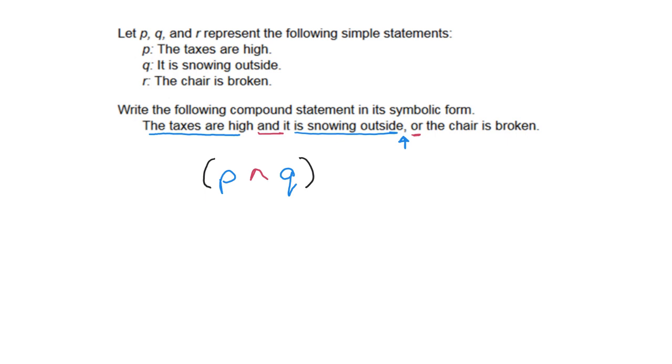Then we're going to place our or and grab our final statement. The chair is broken, which is R. All right, so the comma breaks up the statement, and because it does so, that is why we put what's in front of it inside parentheses. So we have P and Q or R.